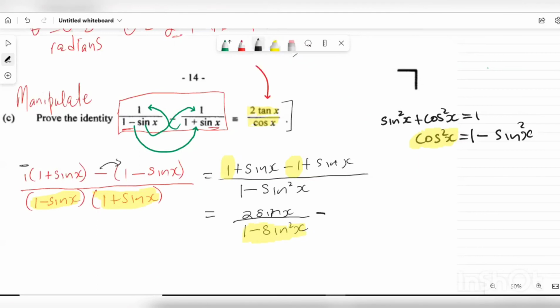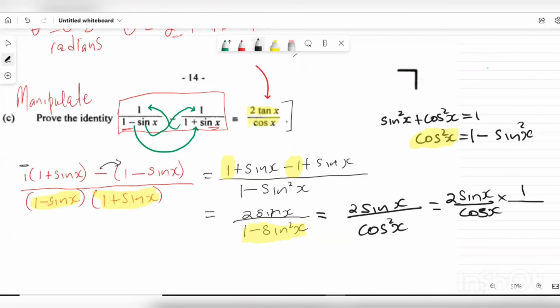So now, if I am rewriting this, I'm going to say 2 sine x all over cos square x. Almost there. Because I'm seeing where now, if you really look at this, you could split this as 2 sine x over cos x times 1 over cos x.